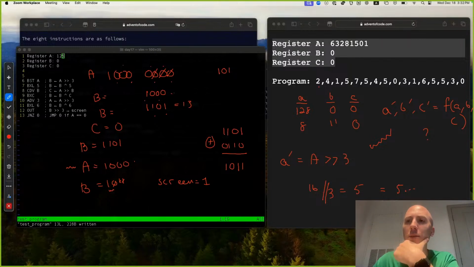Would A just have to be basically 2 to the 6th? I mean, A has to be a number big enough so you chunk off 3, chunk off 3, chunk off 3, and you can do that 16 times.